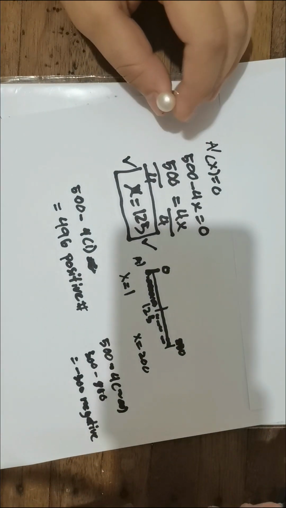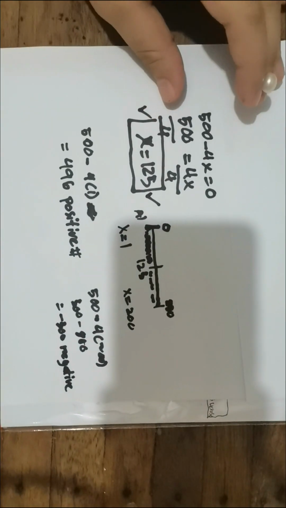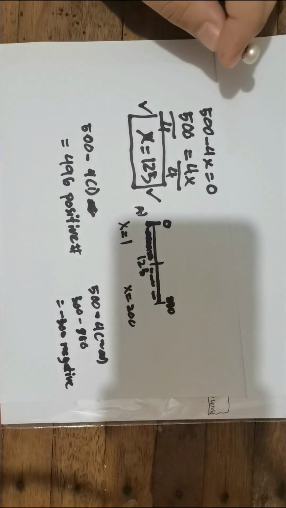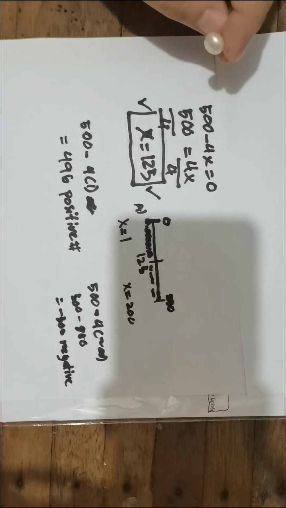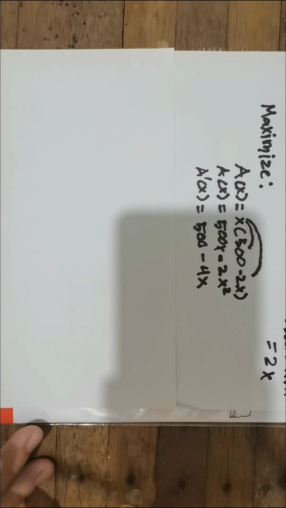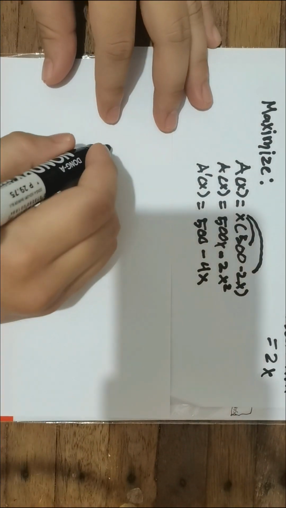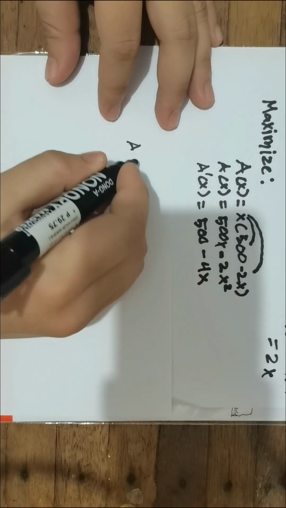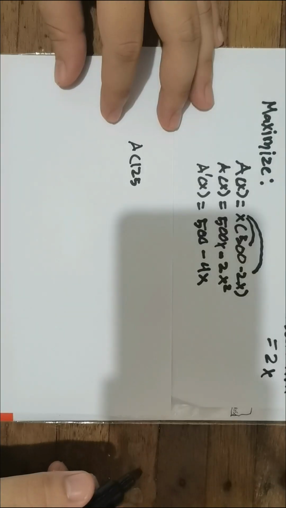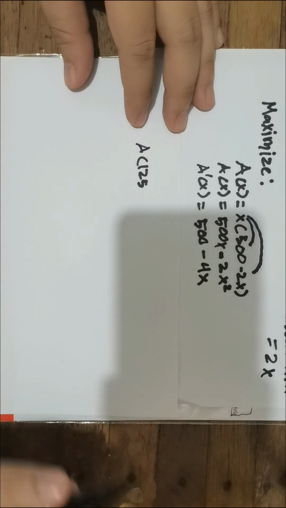So now let's look at the maximum enclosed area. As we know, the maximum occurs at x equals 125, we can now solve the maximum area.